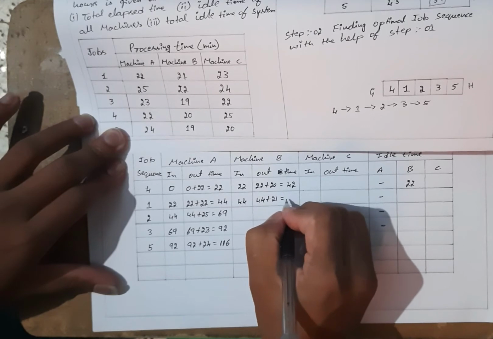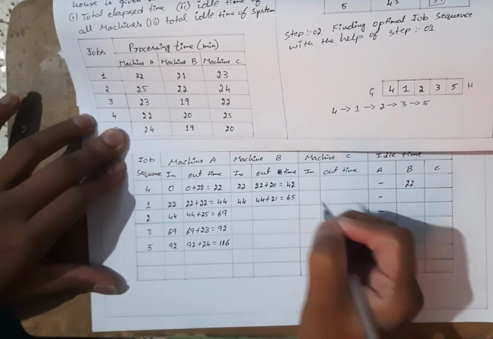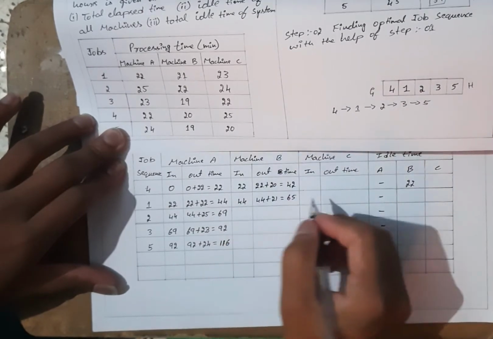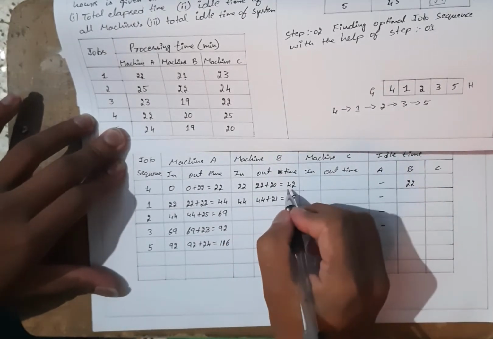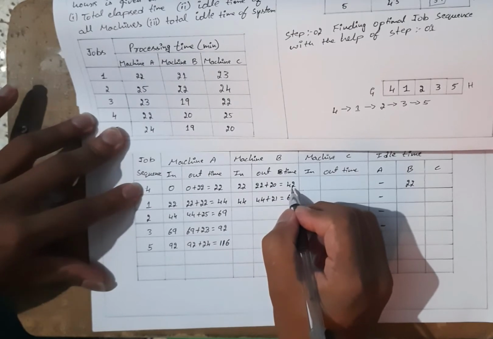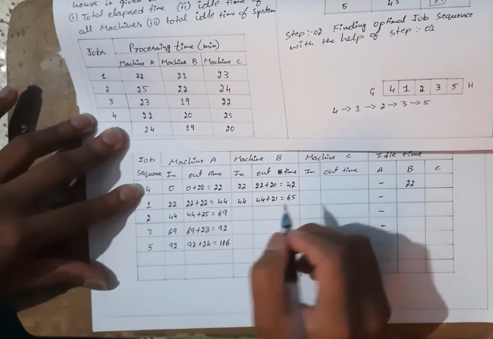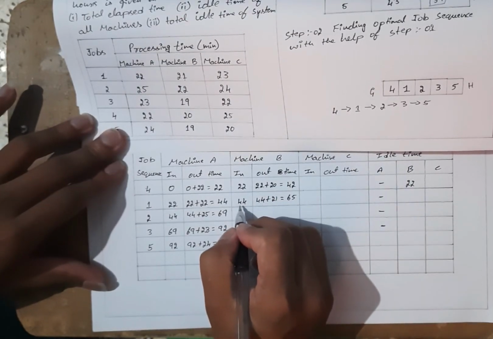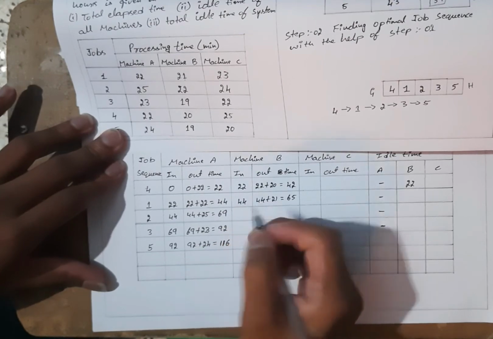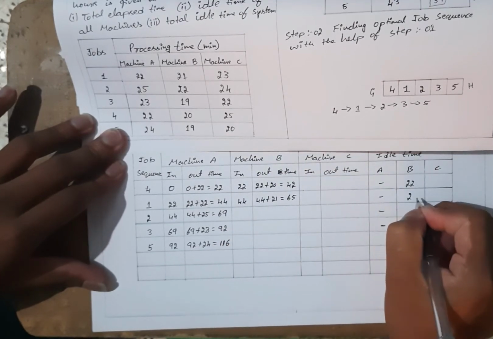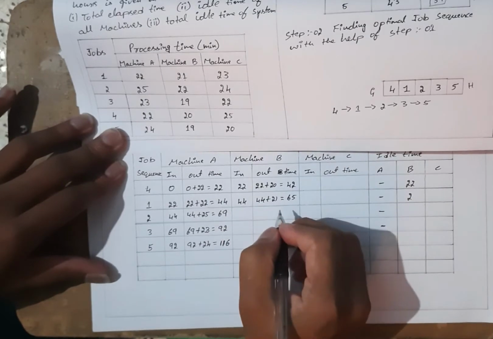So the value will be 44 plus 21, 65. Okay, the idle time is 2 minutes because job number 4 has completed at 42 on machine B, and job number 1 started at 44. So 2 minutes is the difference, that is idle time.